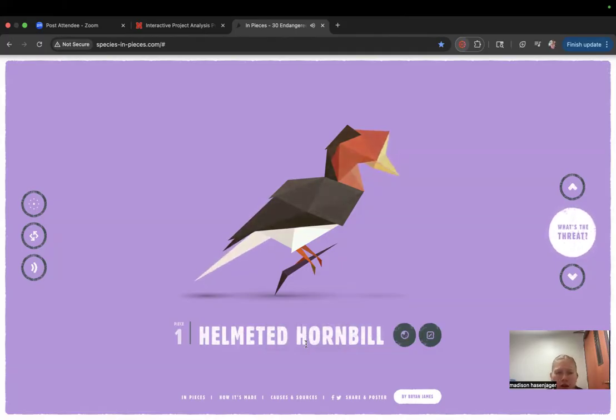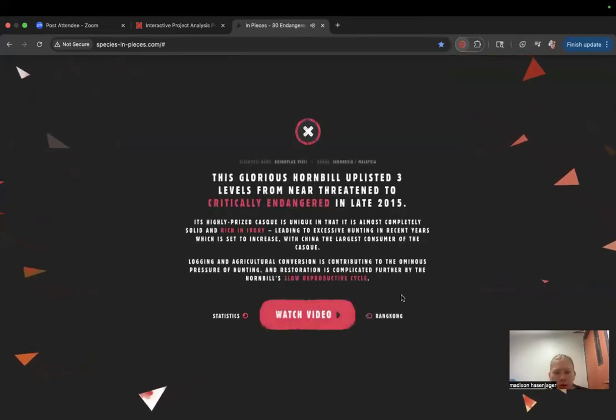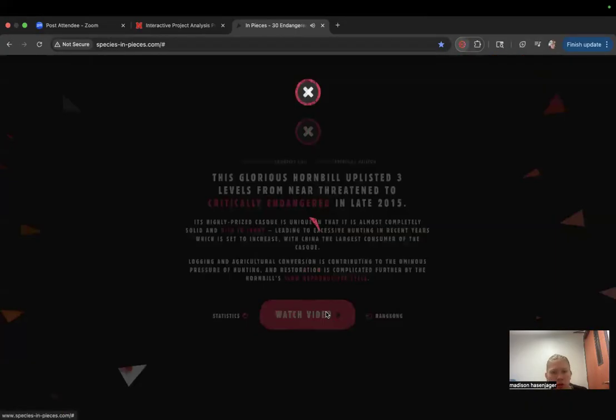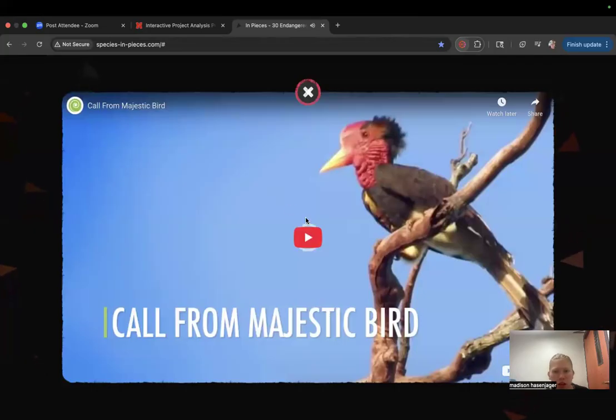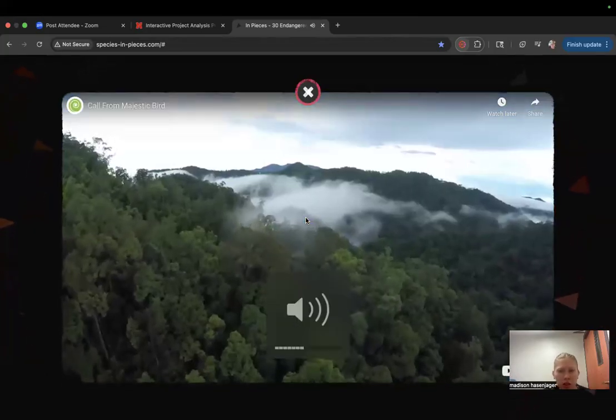As you click through the site, each species is shown through animations with short descriptions that make it easier to understand why they're at risk. If you look at this one, you see what the threat is, and they have videos showing these endangered species.